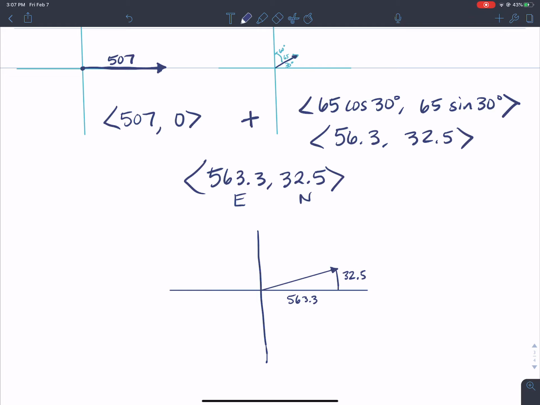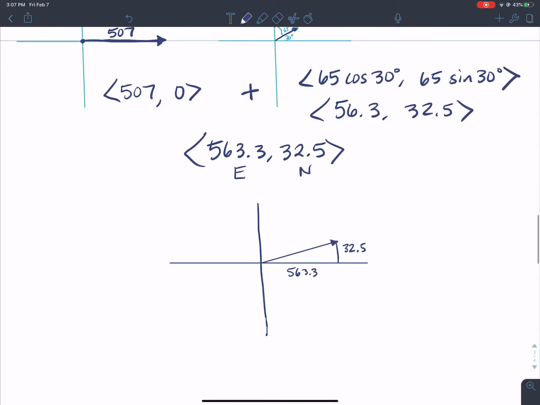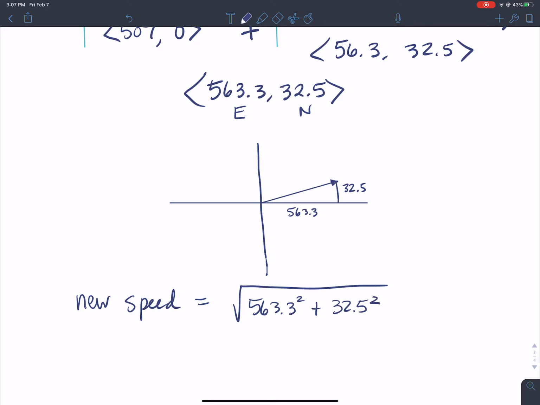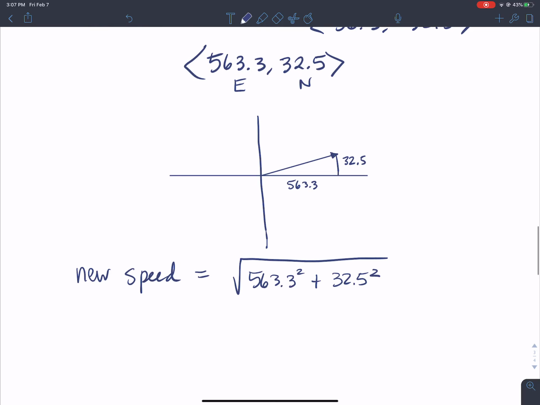You'd find the magnitude, Mrs. Fisher. That's right, guys, you would. So you'd find the magnitude. New speed is going to equal the square root of 563.3 squared plus 32.5 squared. So let's do that.